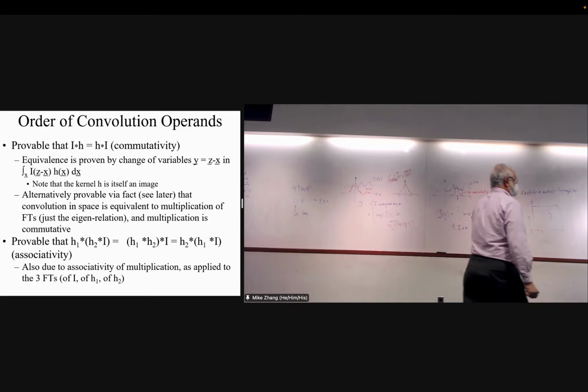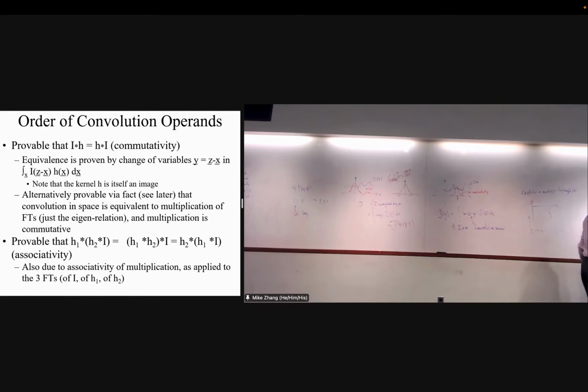It's also associative, meaning if you take the image and convolve it with one kernel and convolve the result with another kernel, you can equivalently take the two kernels and convolve them and then apply that as a kernel to the image.